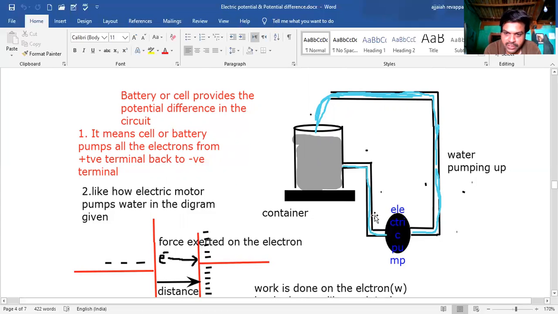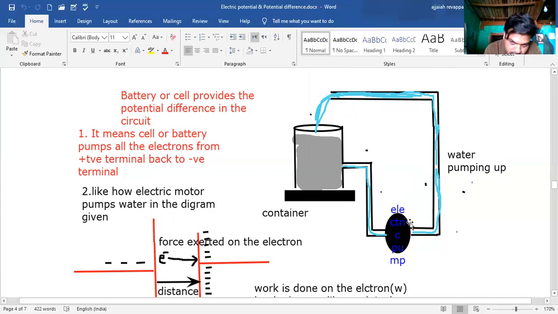You need not do any work, like electrons flowing from negative to positive. Once the water reaches the bottom, the electric pump, just assume the pump is switched off. Is there any further flow of water? No, there is no further flow. Like electrons coming and settling here, water has come and settled here.